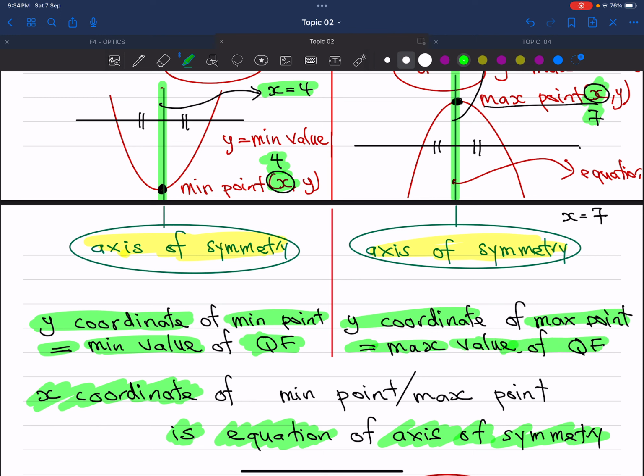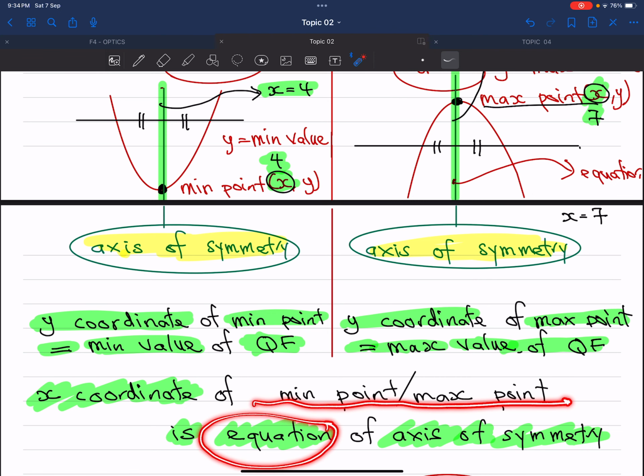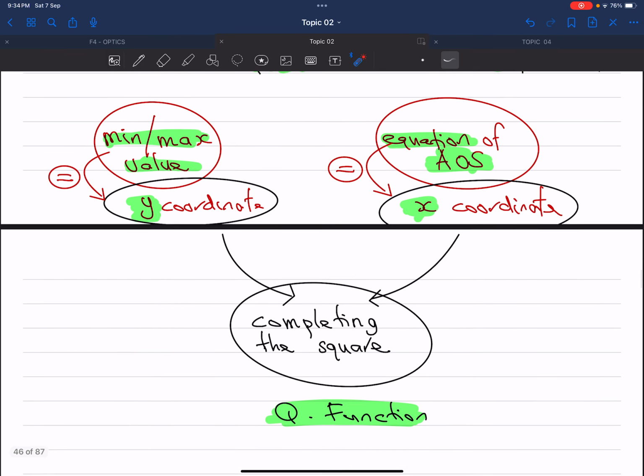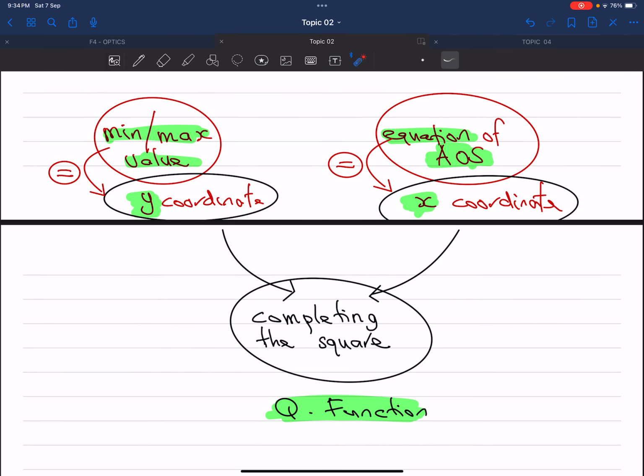And of course, the x coordinate of the minimum or maximum point is the equation of the axis of symmetry. So the minimum or maximum value is the same as the y coordinate, and the equation of the axis of symmetry is the same as the x coordinate.